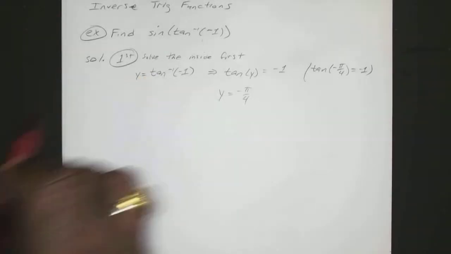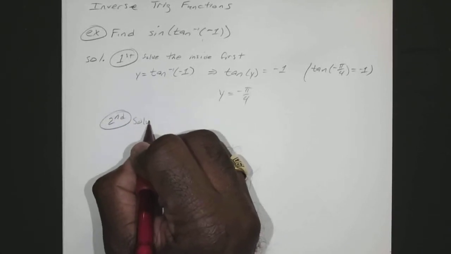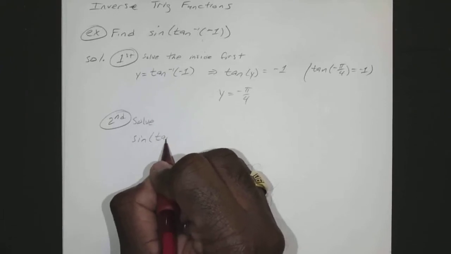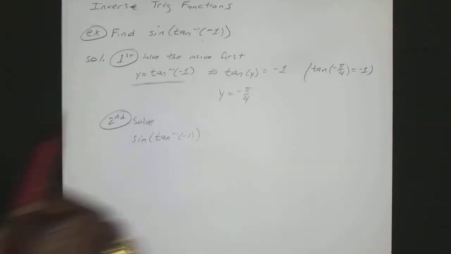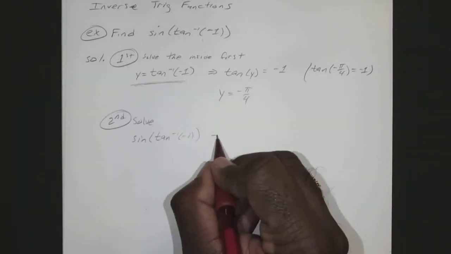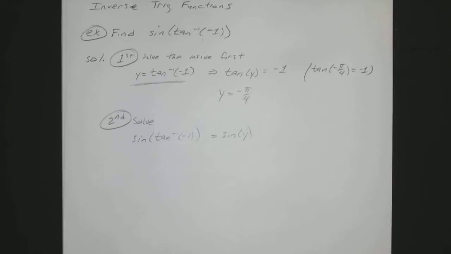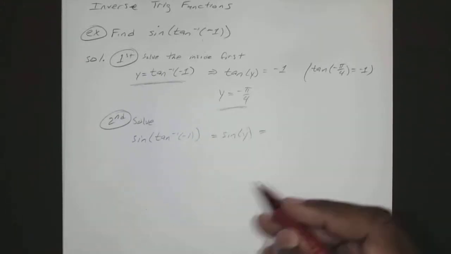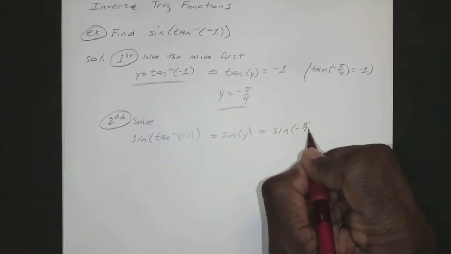Now we solve the whole thing. Sine of tangent inverse of -1, remember we just made it equal y. So that's just sine of y, and we solved for y already, which is -pi over 4. So sine of -pi over 4.